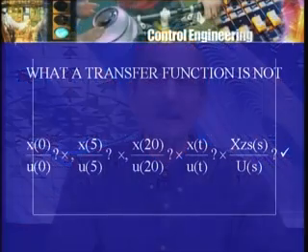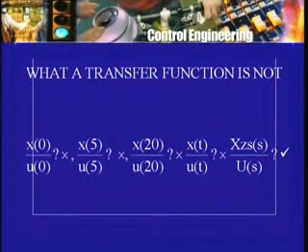In this context, let me mention that the transfer function idea, as some students mistakenly remember it, is not the ratio of the output value at any given instant of time to the input value at the same instant of time. So it is not a ratio of the output value at say 0 seconds or 5 seconds or 20 seconds to the input value at 0 or 5 or 20 seconds.